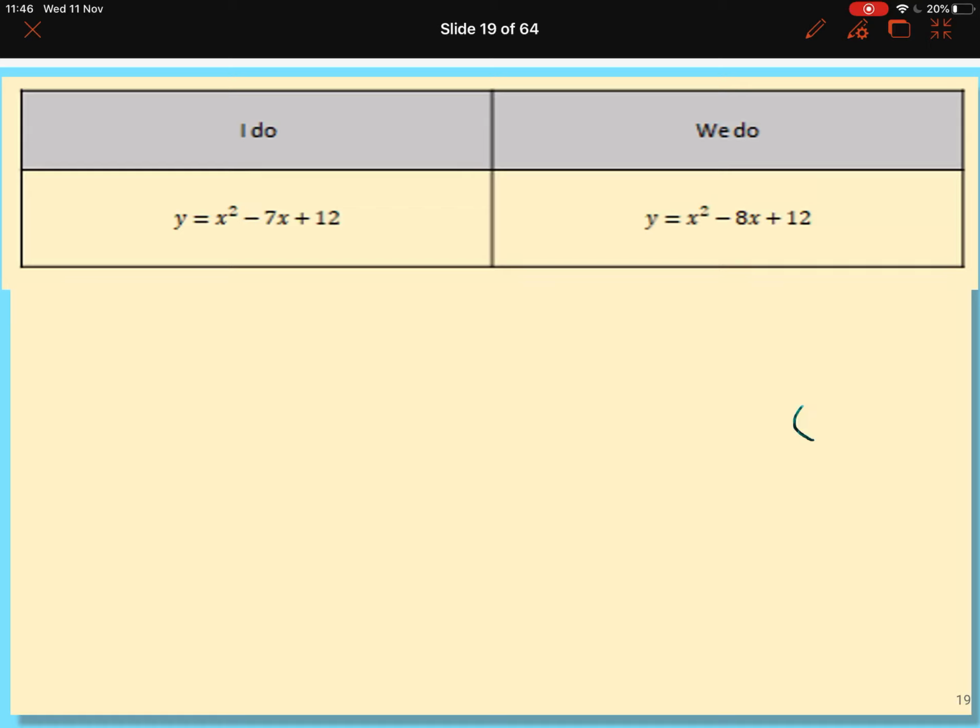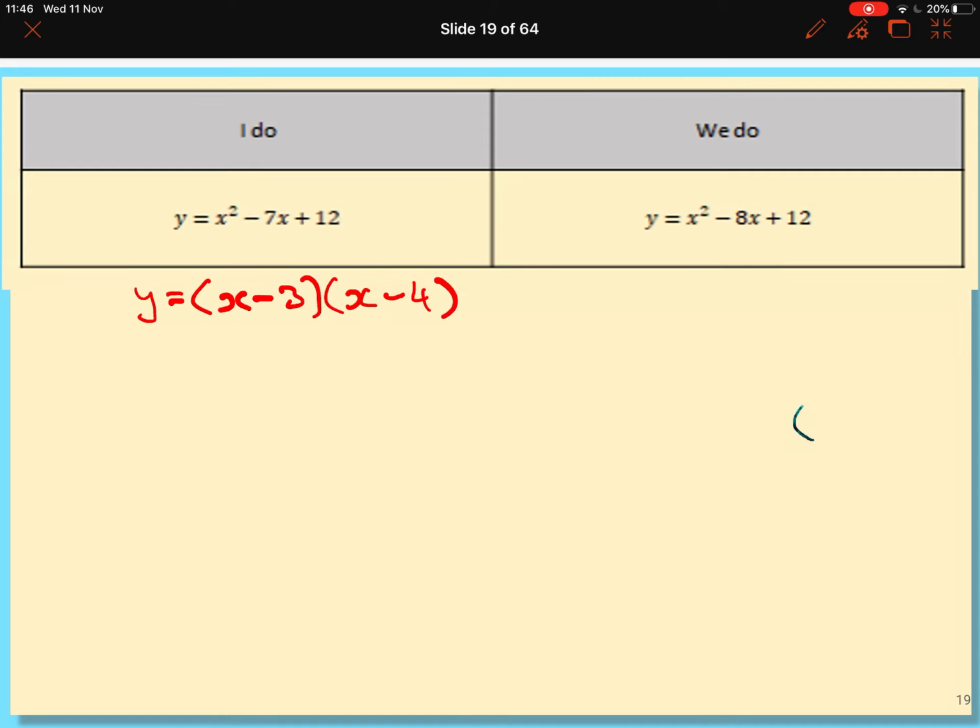When you add them all together, what you end up getting is x squared minus 3x minus 4x plus 12, and you simplify it and you get x squared minus 7x plus 12. Great, so this is a great way of checking if your answer is right.